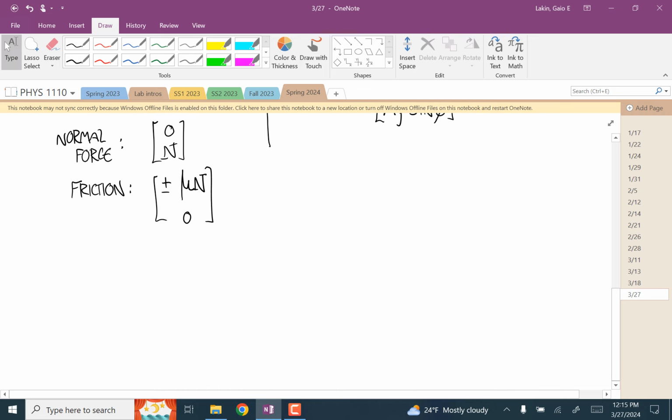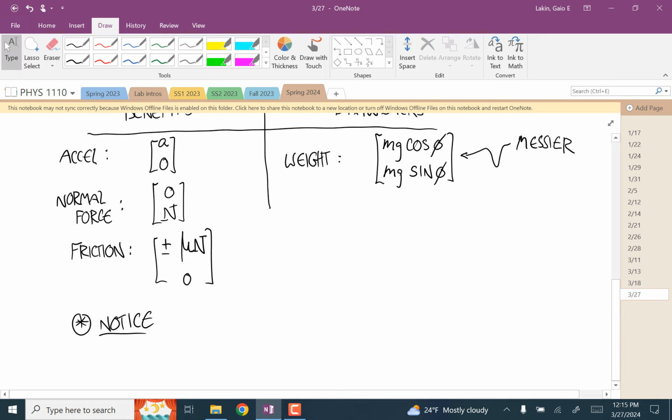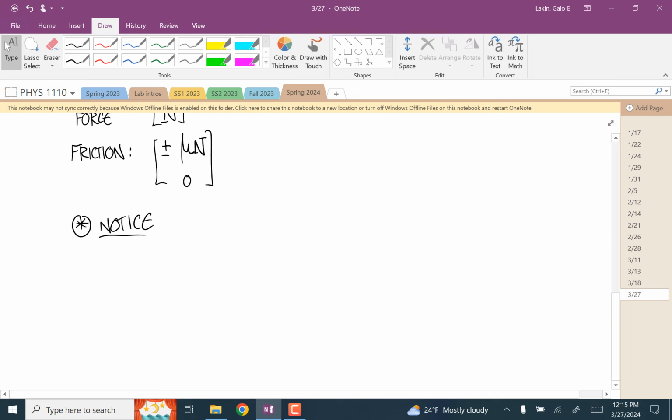And one thing that I want you to notice is that this angle phi that we're going to use varies from 270 degrees by the angle the incline makes with horizontal.